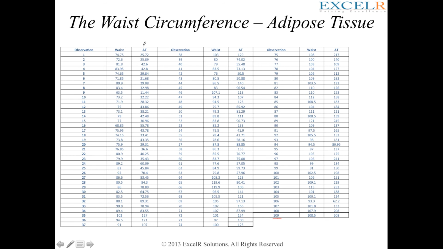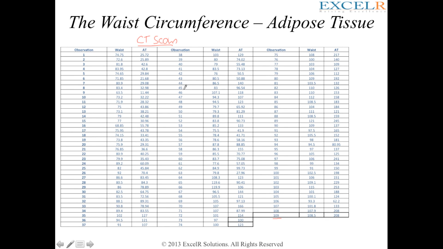And we have the waist circumference and adipose tissue. Waist circumference is, you know how it's measured. I need not tell you that. Adipose tissue in this historical data is measured using CT scan. Waist circumference is measured using the normal measurement tape that we have.